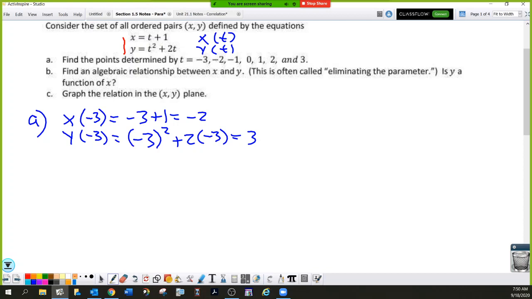So when t is -3, you get the ordered pair -2, 3. And we're just going to do that 6 more times. Now you're wondering why. Well, because part C says to graph it. This would give us the ability to graph non-functions.